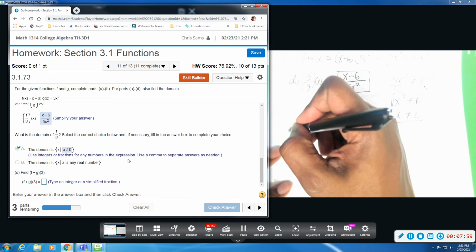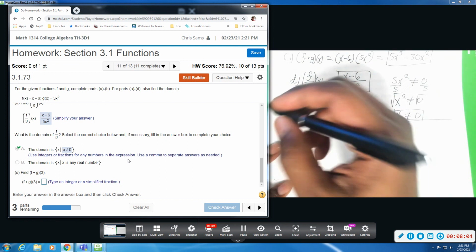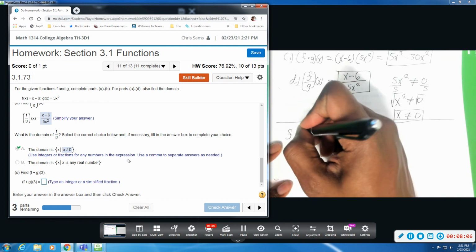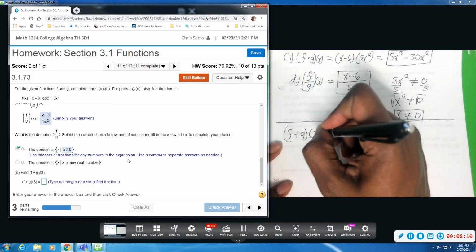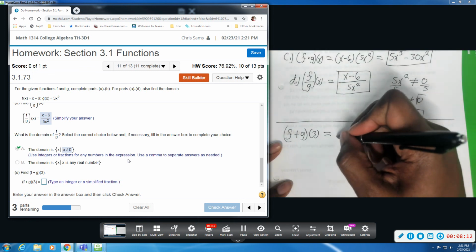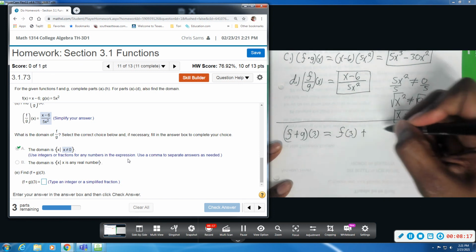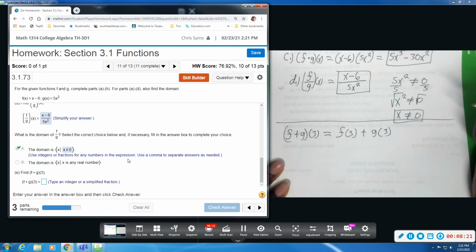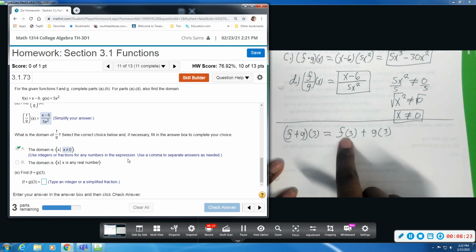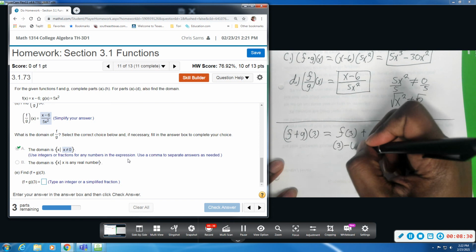So let me show you what this means. We have f plus g of 3. And what this means is you take the f equation, you plug a 3 in, and then you add that to the g equation when you plug a 3 in. Alright, so I'm going to work down. So f of 3 is going to be 3 for the x, minus 6.